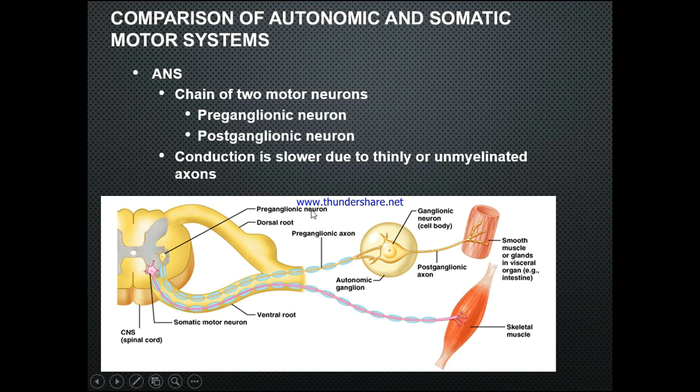On the preganglionic neuron, we can see this communication to the preganglionic axon, then the ganglionic neuron cell body. Then we've got this postganglionic axon, which is absent of myelin, so we don't have as much of this myelin covering. Then this, of course, is going to go to the smooth muscle or glands in the viscera.